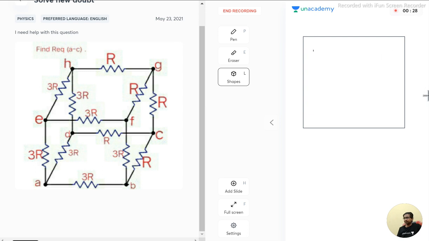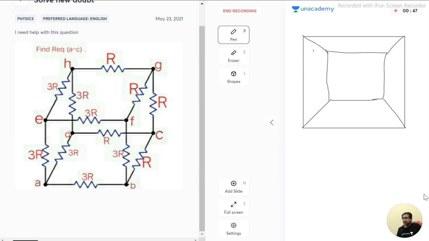So this is something like this. And the next is, the upper branch is compressed with the lower branch, and the equivalent circuit is something like this. This is point A and this is point C, where we need to calculate the equivalent resistance.